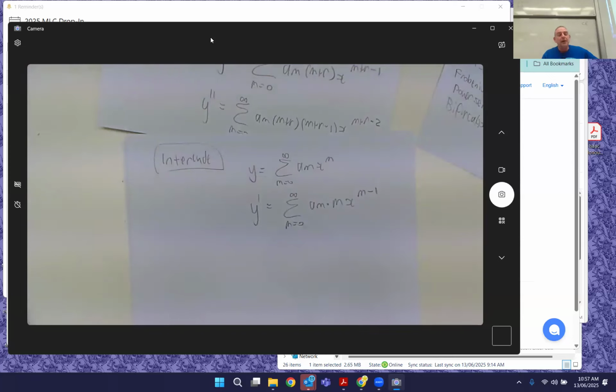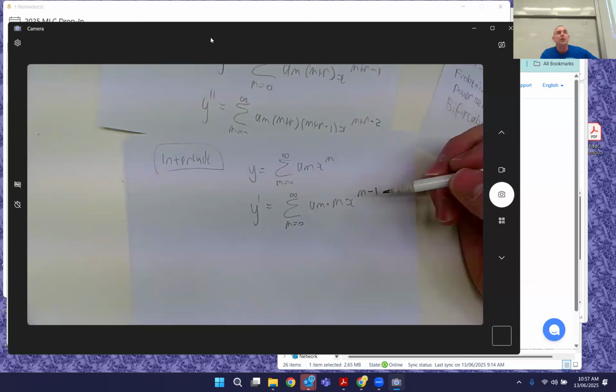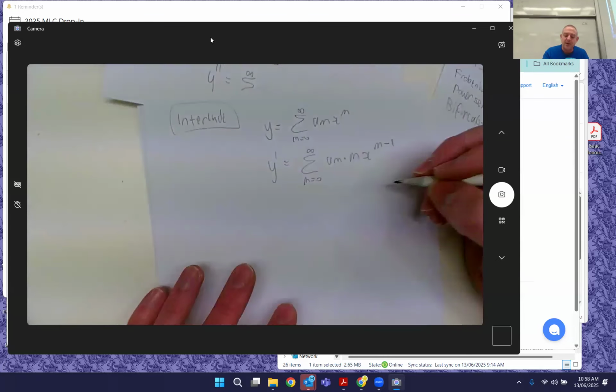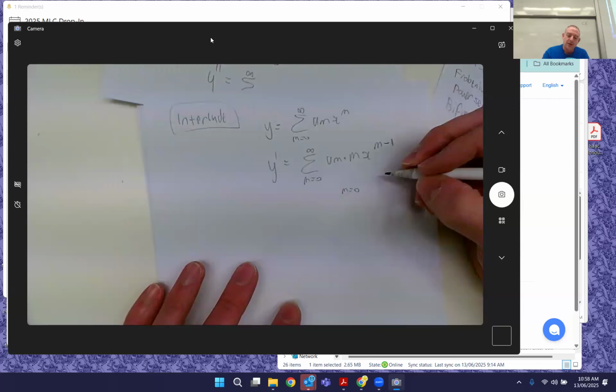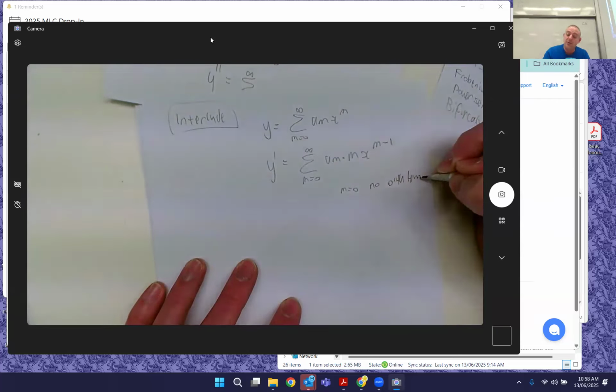But philosophically, when you differentiate something, you don't magically create x to the minus 1s. You can't create an x to the minus 1 by differentiating a polynomial because you'd have to start with an ln. So there's two perspectives. One perspective is that if m equals 0, there's no 0th term because we times by 0.